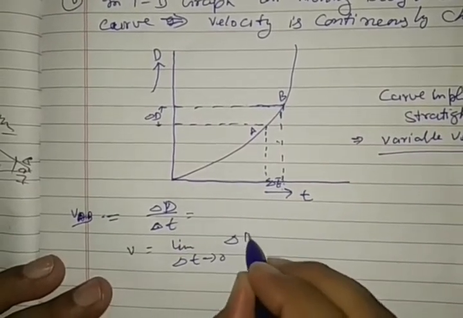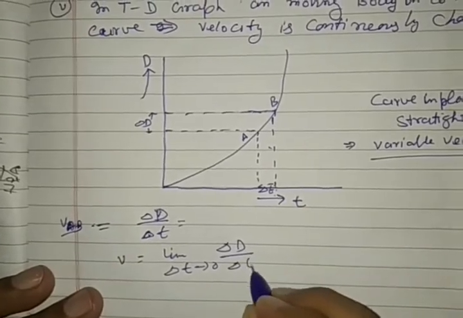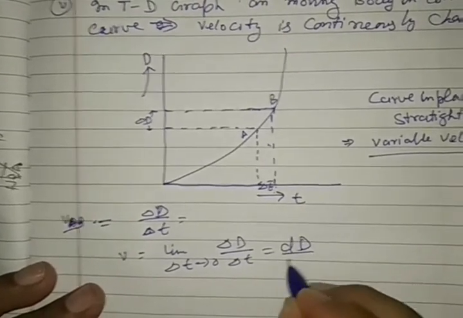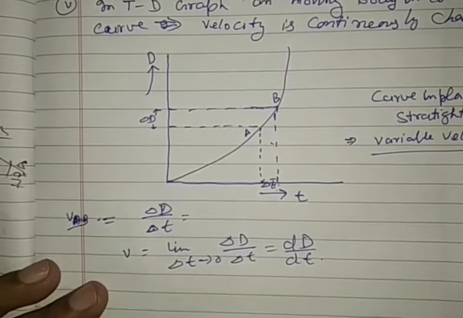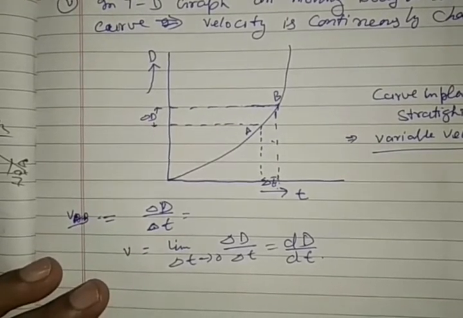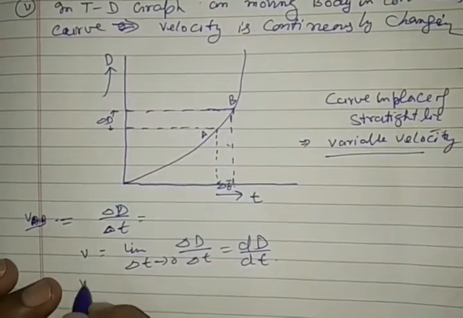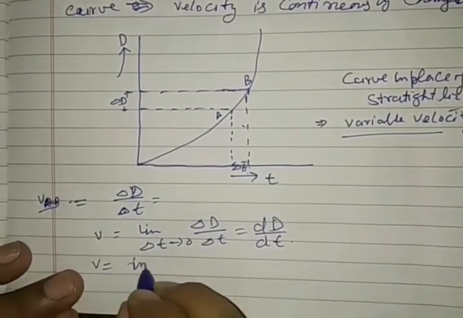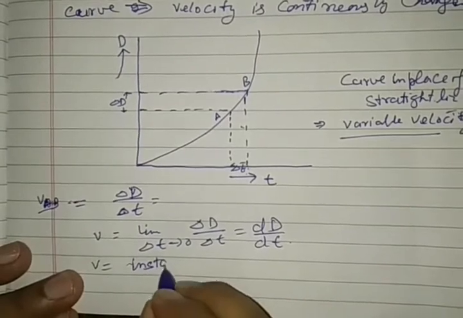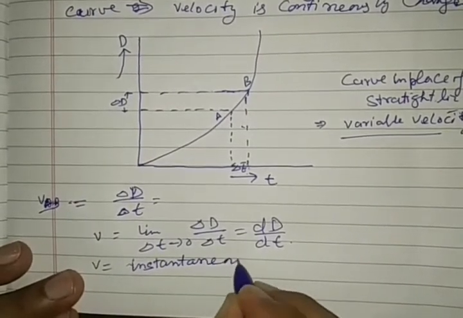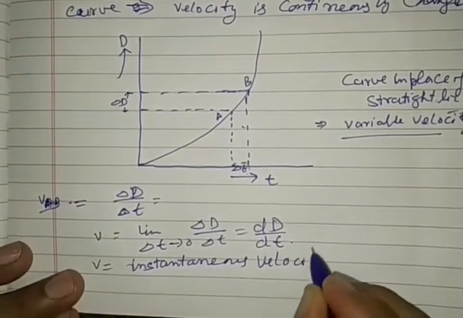If it is very small, according to calculus it can be represented as dD by dt. This velocity is called instantaneous velocity.